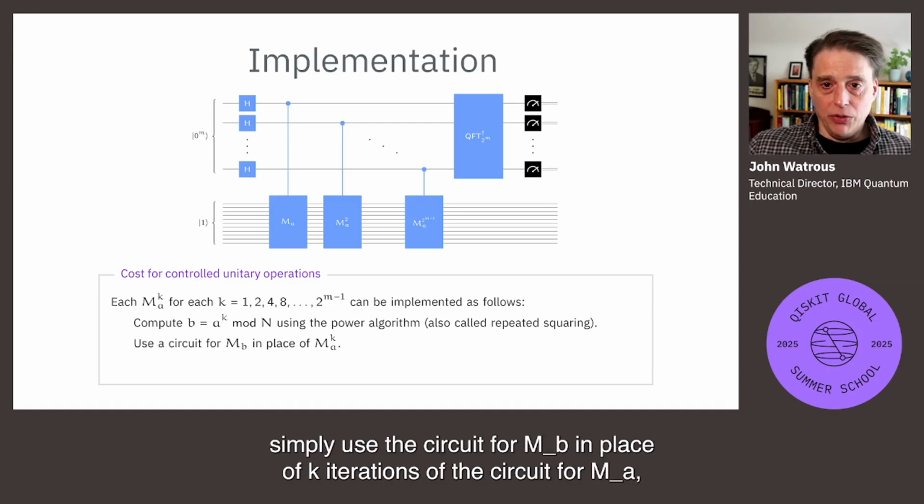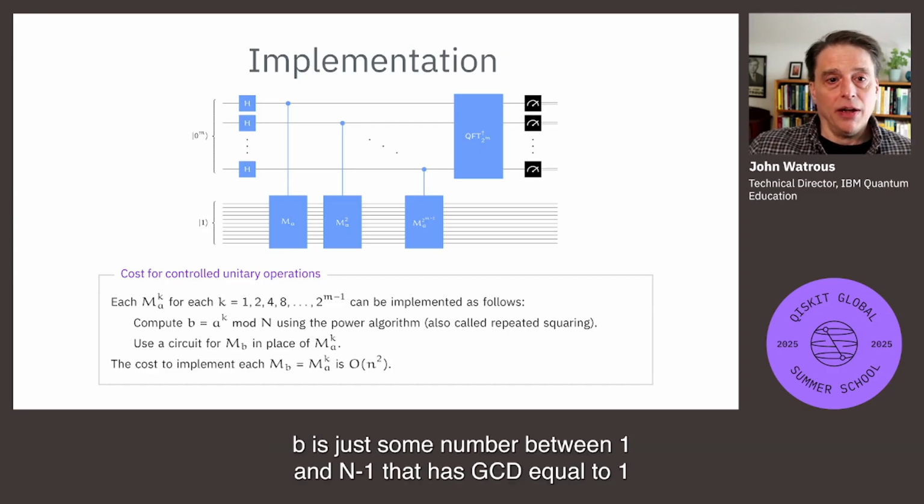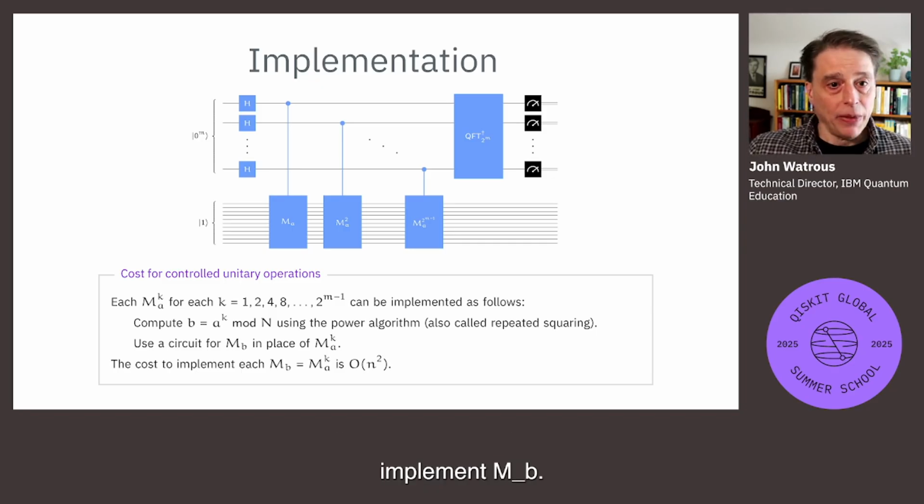And then we'll simply use the circuit for MB in place of k iterations of the circuit for MA. And that's it. B is just some number between 1 and N minus 1 that has GCD equal to 1 with N. So we only need big O of little n squared gates to implement MB.